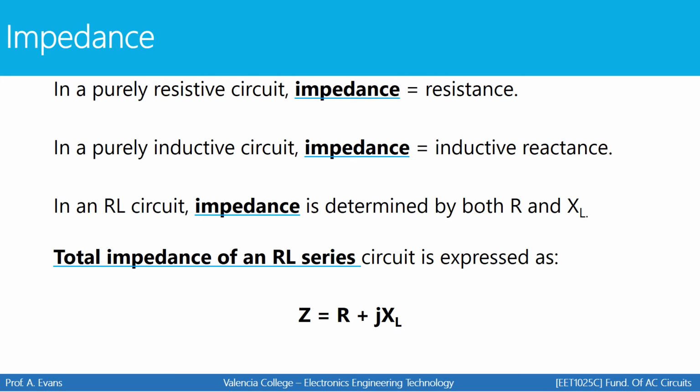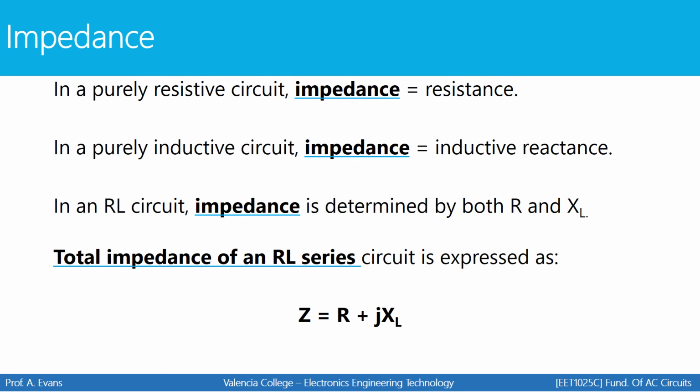So when it comes to calculating impedance of an RL circuit, remember impedance is the idea of an opposition to AC signal. We know that in a purely resistive circuit, impedance is resistance. In an inductive circuit, your impedance is your inductive reactance. In an RL circuit, impedance is determined by combining your resistance value and your inductive reactance values.